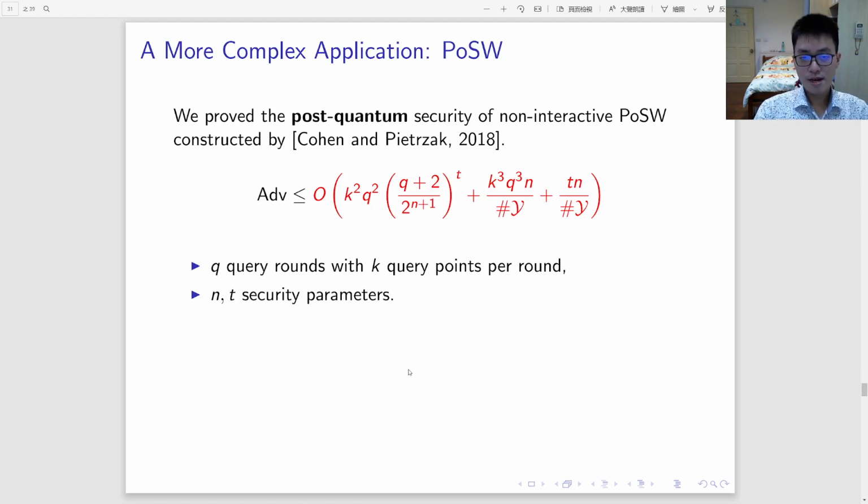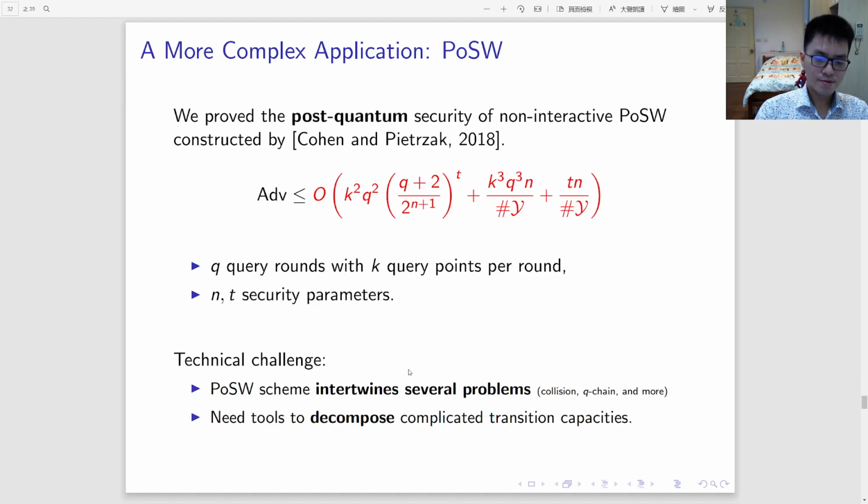As a more complex application, or a main application, of our framework, we prove the post-quantum security of the non-interactive variant of the PoSW scheme constructed by Cohen and Pietrzak in 2018. However, here in the PoSW scheme, the situation is more complicated because we cannot use the same recipe.